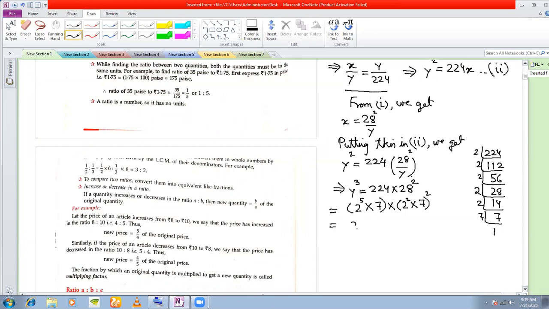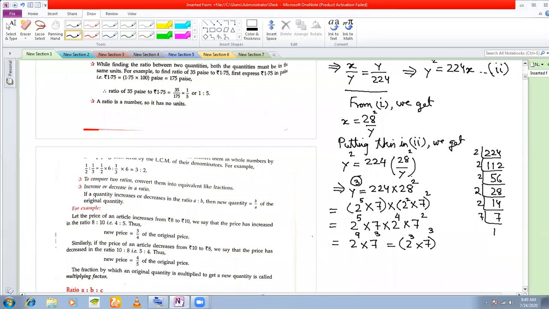So this means 2 to the power of 5 into 7 into, applying the laws of indices, 2 to the power of 4 into 7 square. So you get 2 to the power of 5 plus 4, 9, into 7 cube, which can be written as, we want to write this in the power of 3 because I have a y cube here. So I can write this as 2 cube into 7 whole cube.